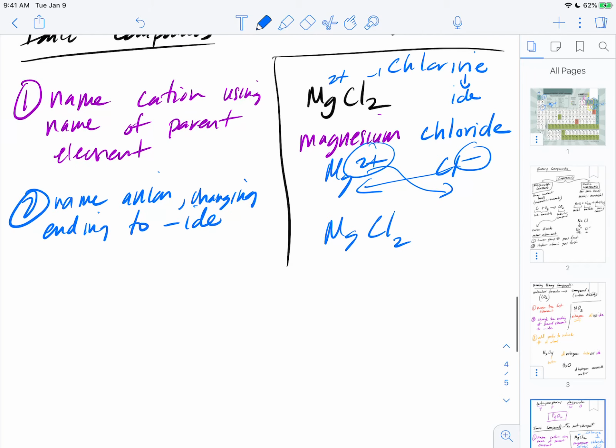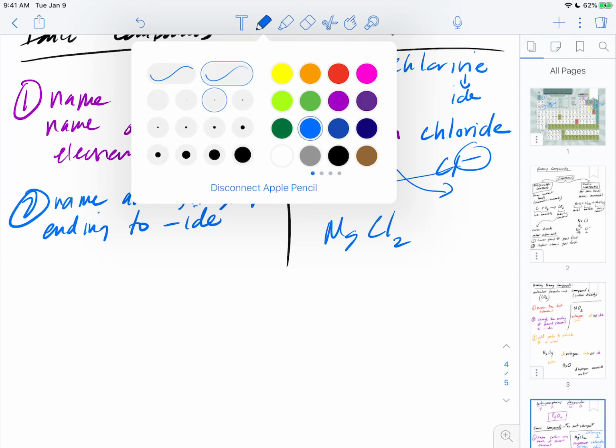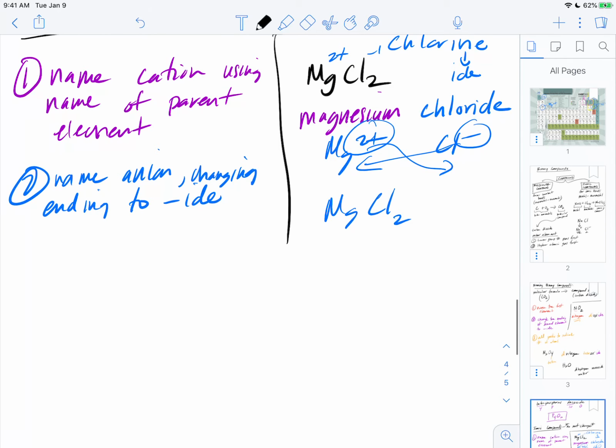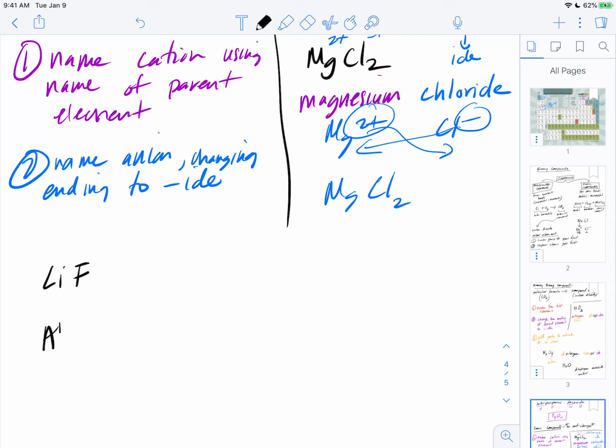Okay, so let's do another example to practice. If you haven't already, when you see this, just pause it for a sec. I'm going to write down a couple. I want you to pause this so that you can do some work yourself on this, and then I'm going to write one out, sodium sulfide.